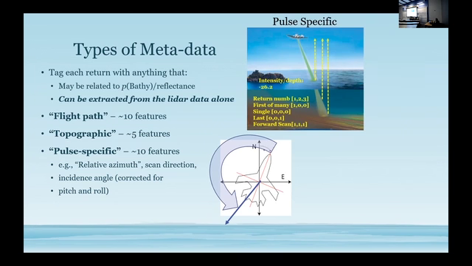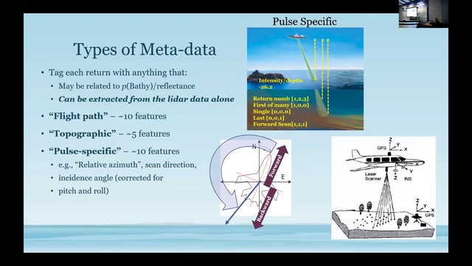Another thing is the incidence angle. We know that the nominal incidence angle is 20 degrees because that's the way the instrument is built. But in fact, because of yaw, pitch, and roll, that incident angle can potentially be different. So you've got forward and backwards.